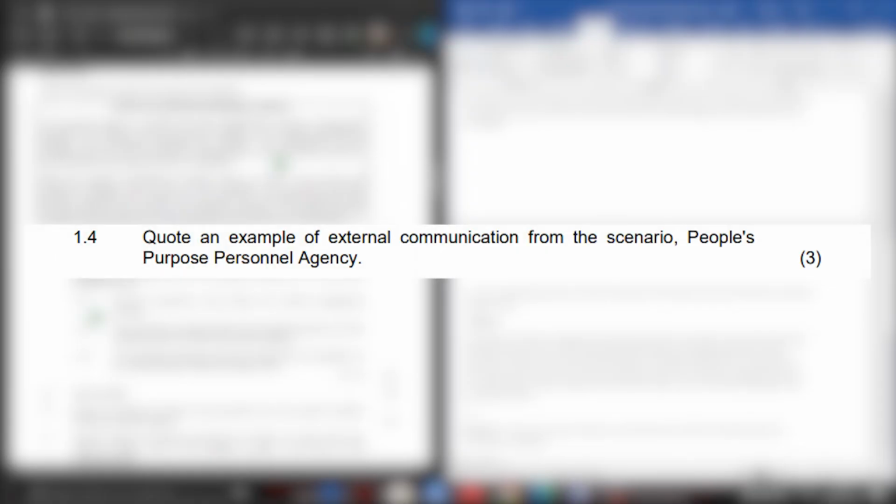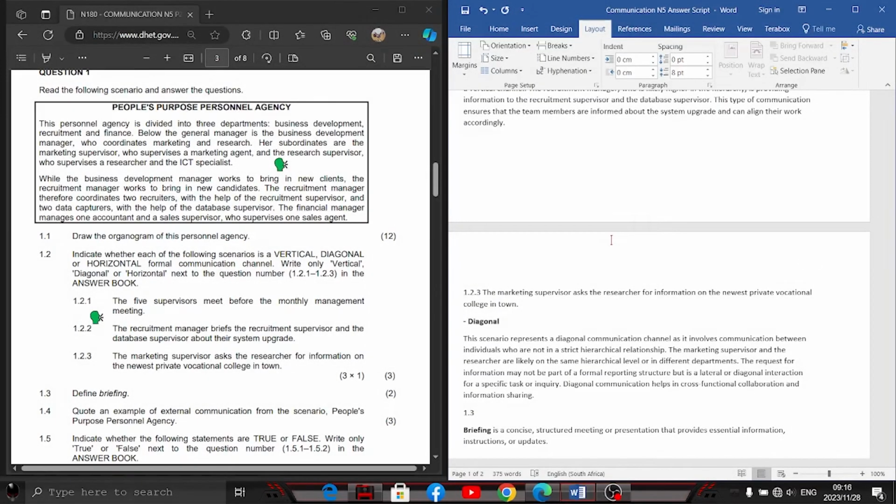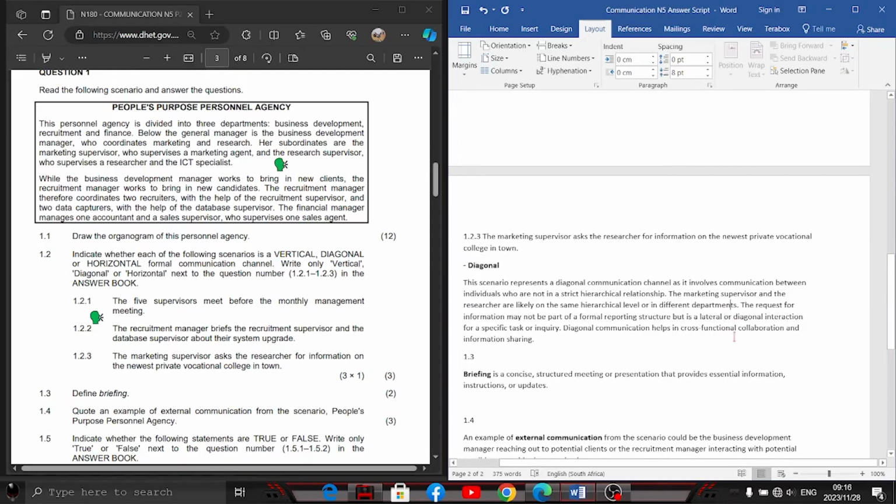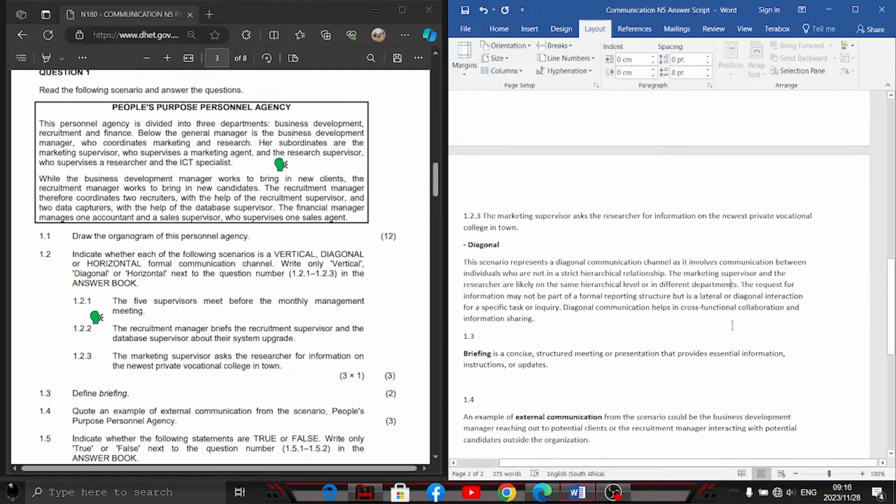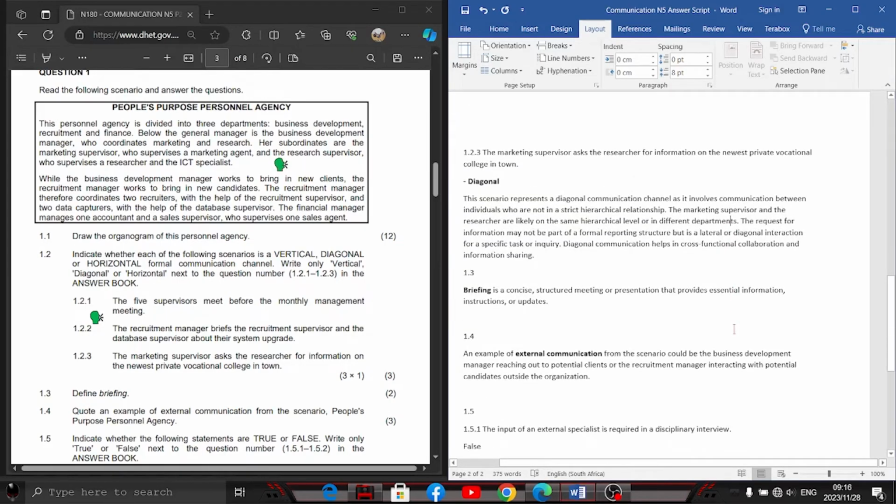Quote an example of external communication from the scenario, right? People's Purpose, Personal Agency, the one that we read. So we are instructed to directly quote an external communication from the entire scenario, right? So an example of an external communication from the scenario could be the business development manager reaching out to potential clients or the recruitment manager interacting with potential candidates outside the organization, right?